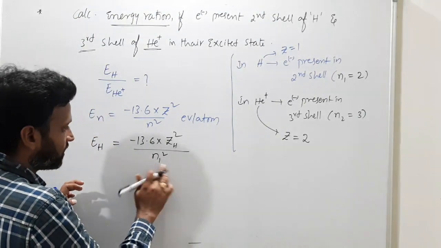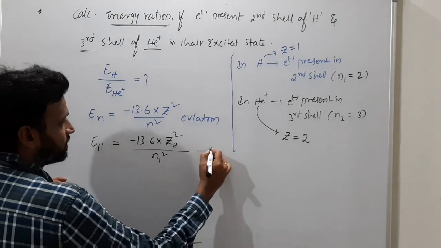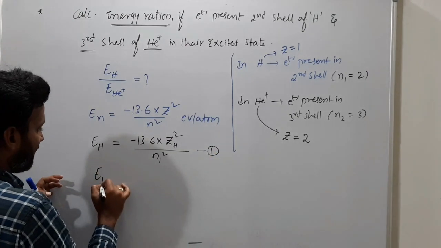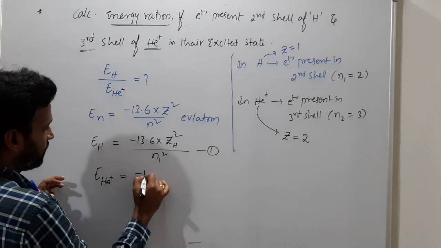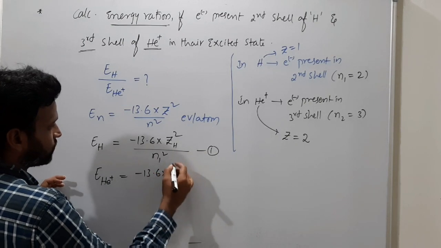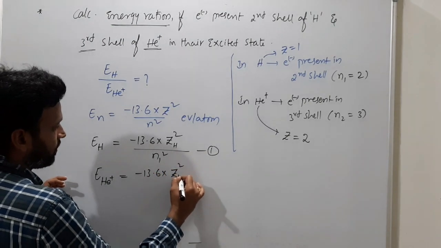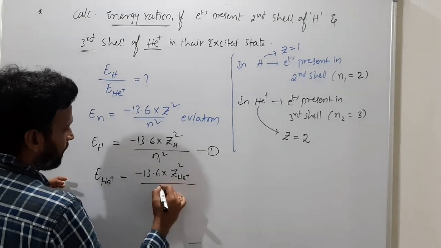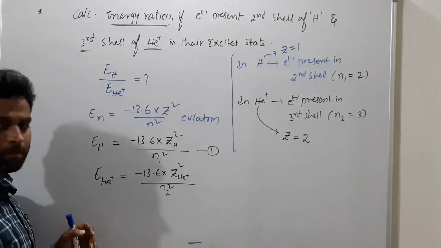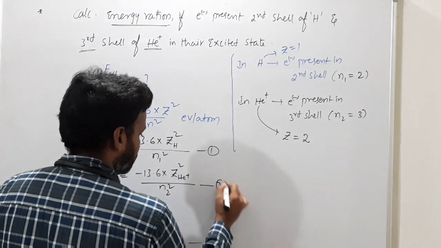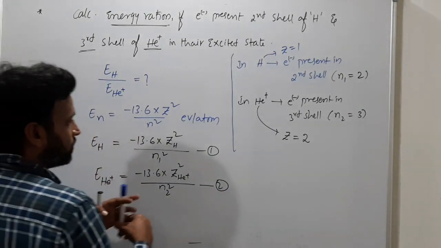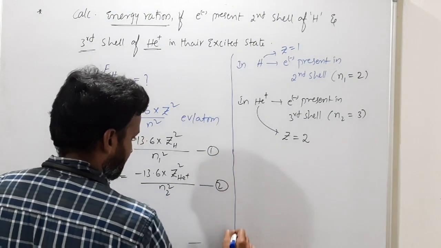So this is equation 1. And the energy of He+ is minus 13.6 times Z square of He+ by n2 square. This is equation 2.